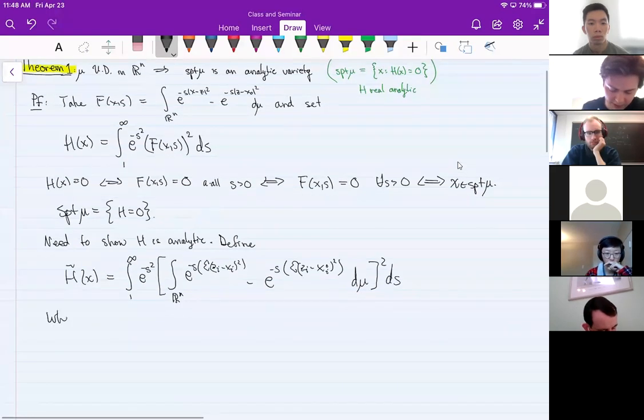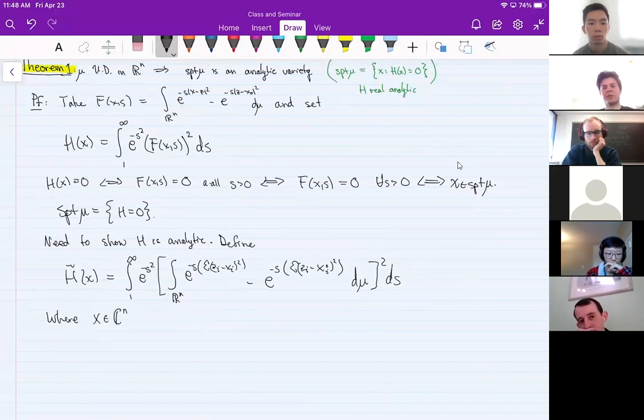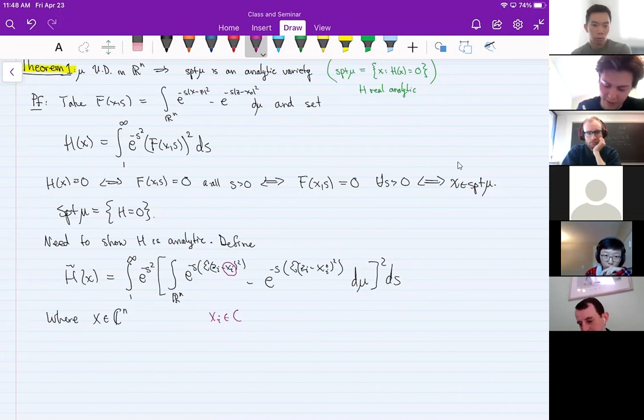Okay, where in this case, z is some point in Cn. So all I've done is say that these xi's can now be complex numbers, whereas before they were just real numbers.